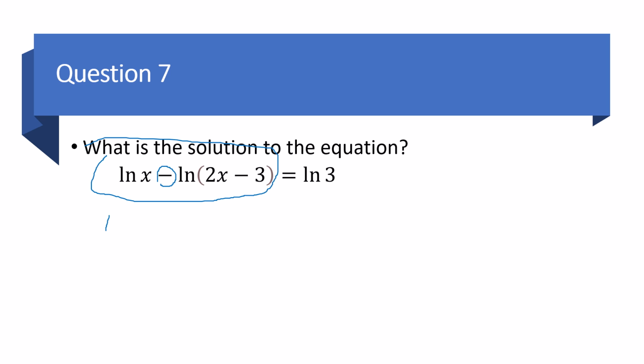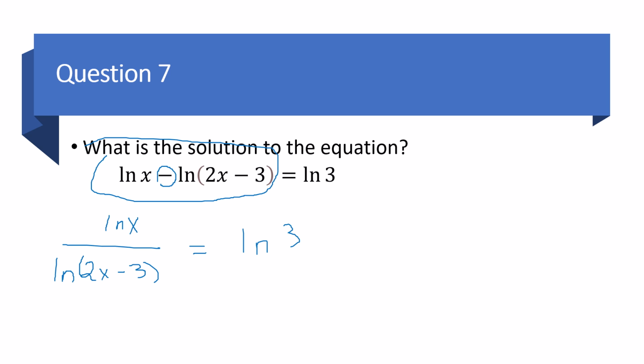So we're going to rewrite this as the natural log of x divided by 2x minus 3 is equal to the natural log of 3.